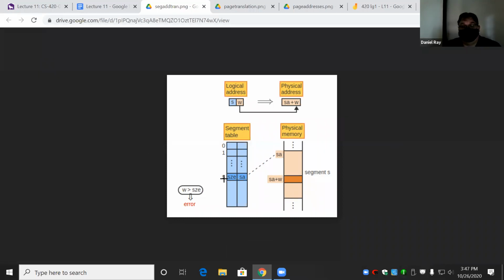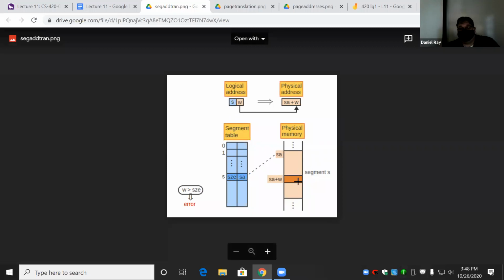Here's segment S. The segment table has two parts: the size of this segment, and the segment address, which refers to the address in physical memory where this segment has been loaded. We then take the W part of the logical address and add it to SA as the offset, and we read down that many words until we find address SA plus W, and that is where that specific offset in that specific segment is stored in physical memory. Okay?